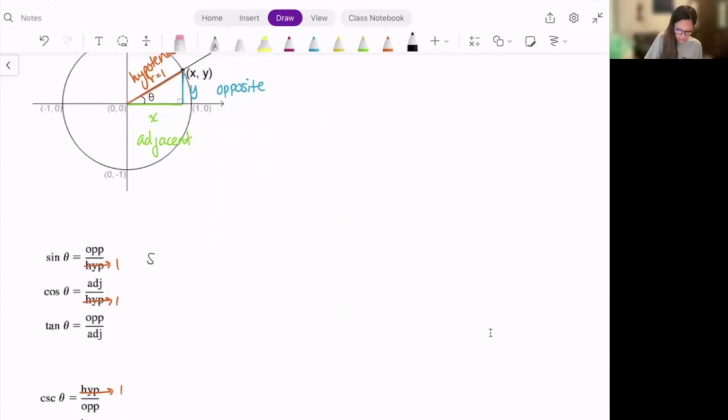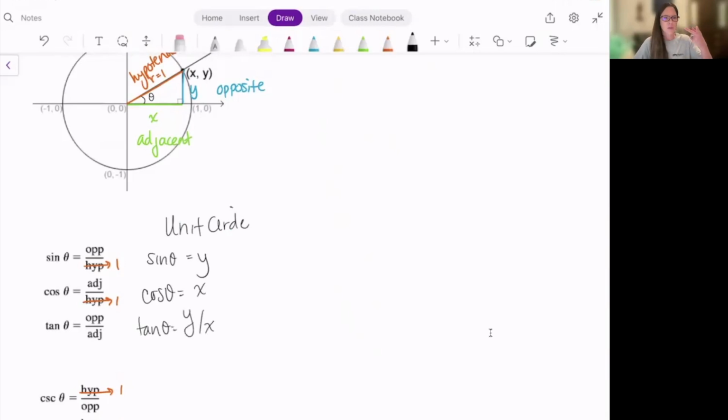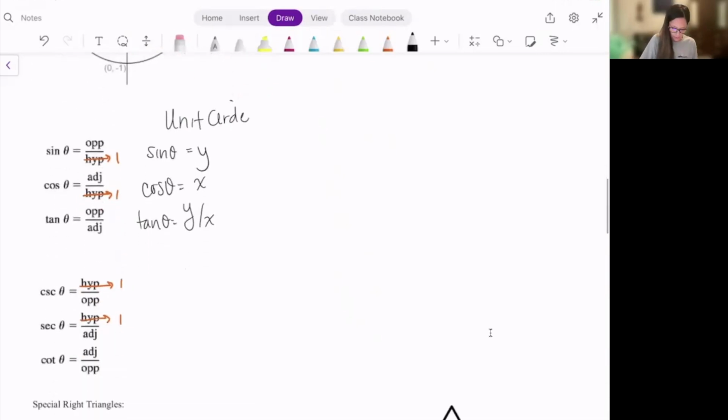So the sine of theta in a unit circle is the y coordinate. The cosine of theta in a unit circle is the x coordinate. And the tangent of the angle theta in a unit circle is still y over x. And then we use the reciprocals, so we have 1 over y, 1 over x, and x over y for those other three.